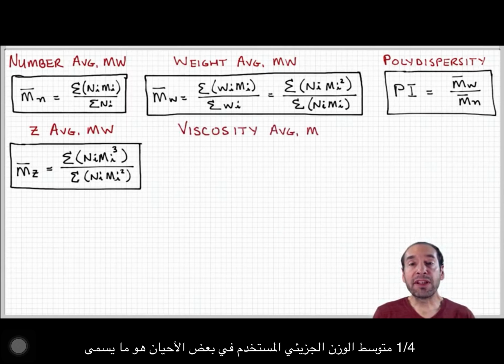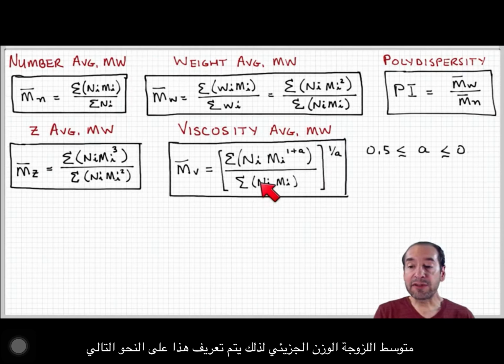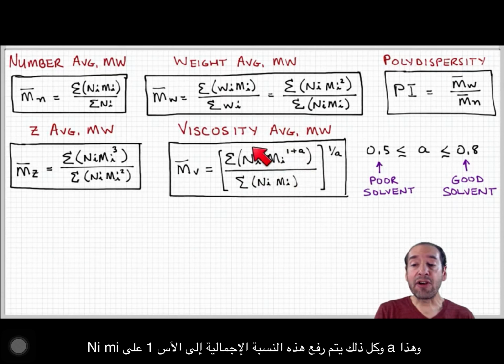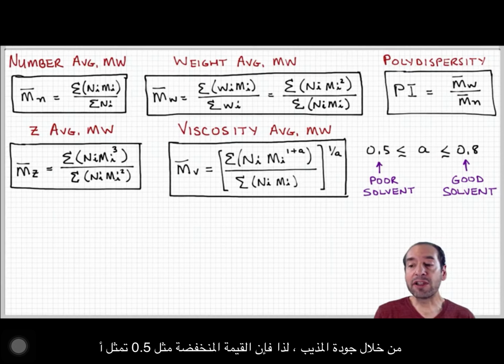So this is another form of average molecular weight. A fourth molecular weight average that's sometimes used is the so-called viscosity average molecular weight. So this is defined as follows. It's the ratio of the sum of Ni times Mi to the 1 plus A power divided by the sum of NiMi. And all of that, this total ratio, is raised to the power 1 over A. And this parameter A has a value that ranges from 0.5 to 0.8, and that value is determined by the quality of a solvent.